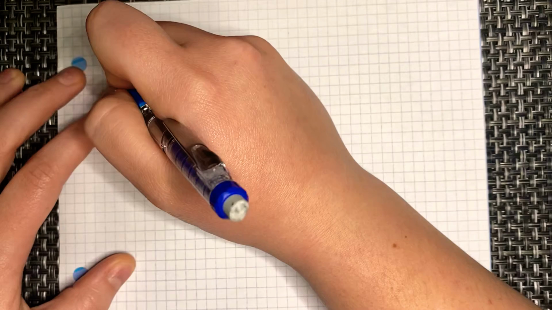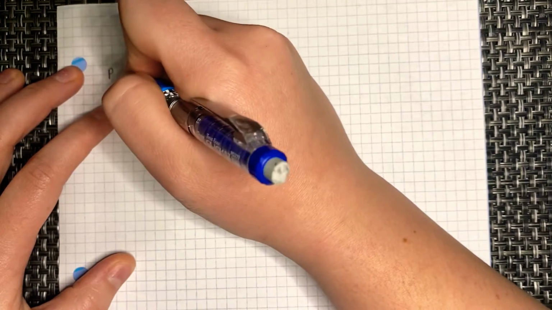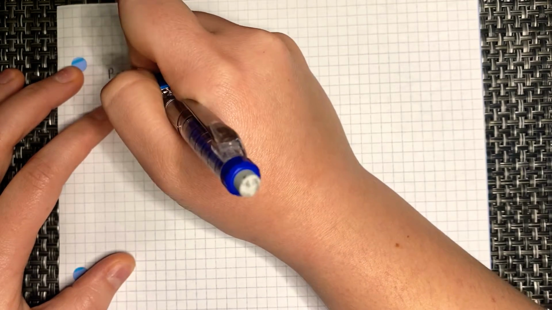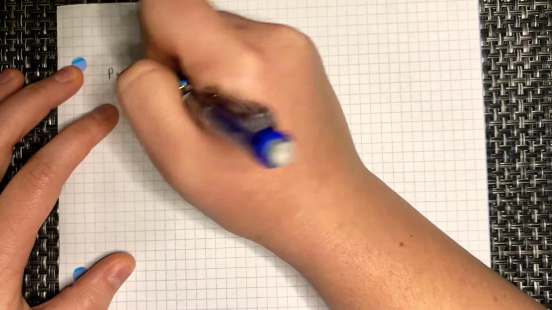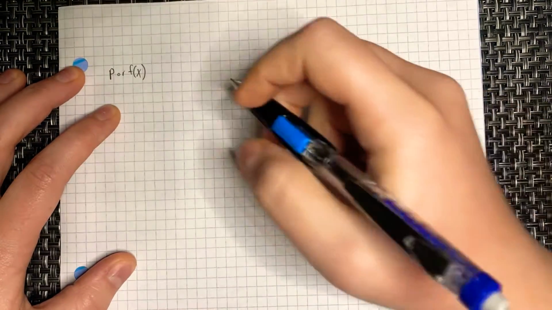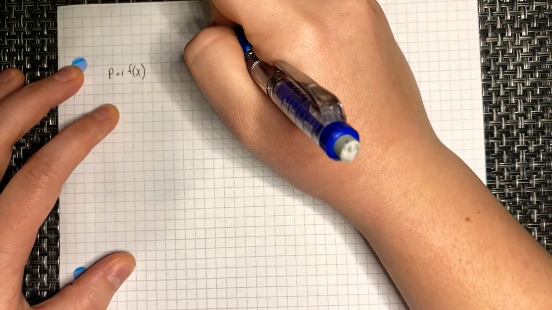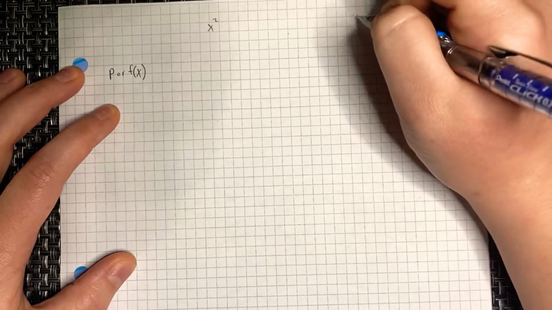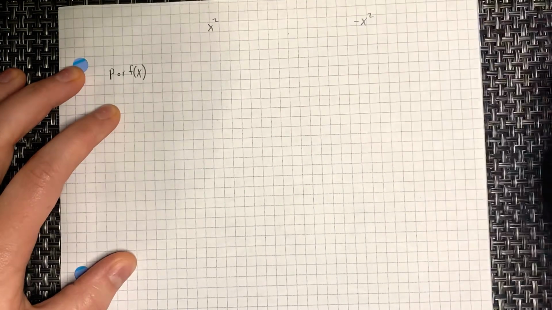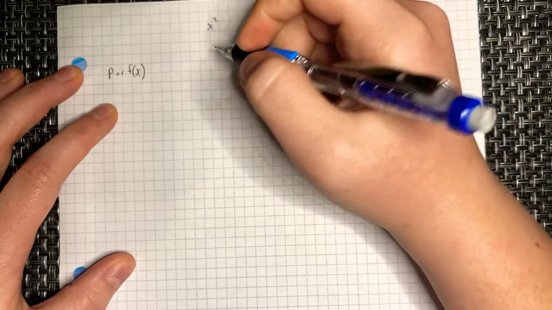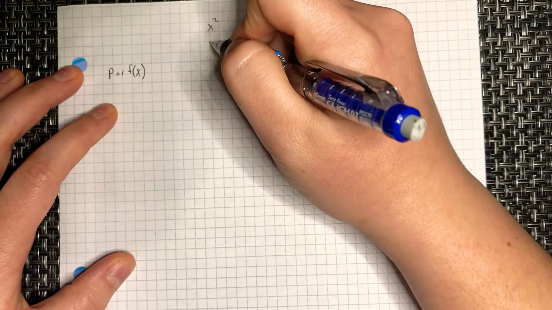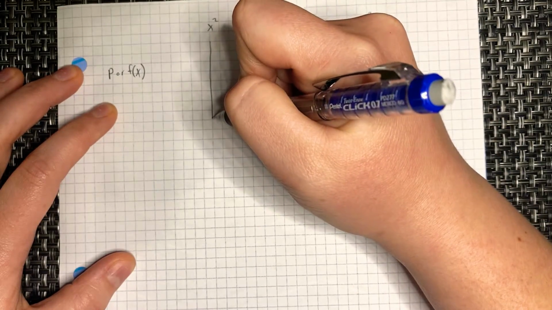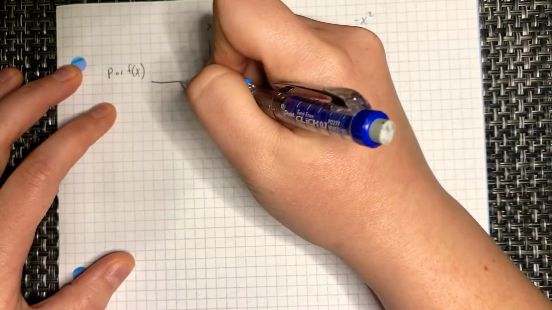So I'm going to pretend that our position function, or f of x, I'm going to write out two basic functions here. So if I have x squared or negative x squared, and you'll see why we do this here. And I'll just make an x-axis.